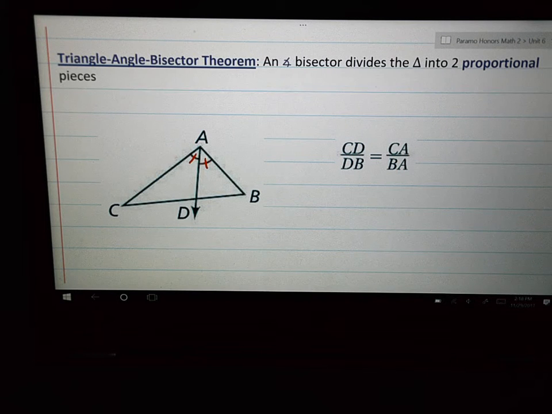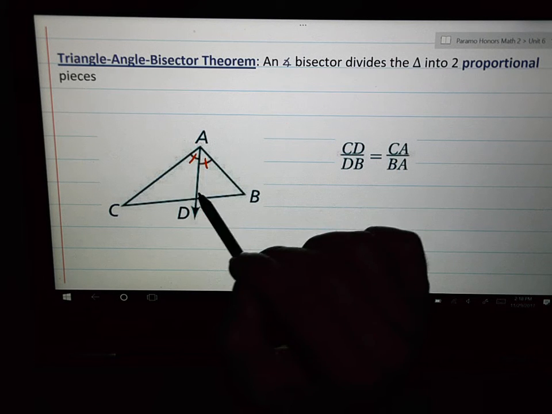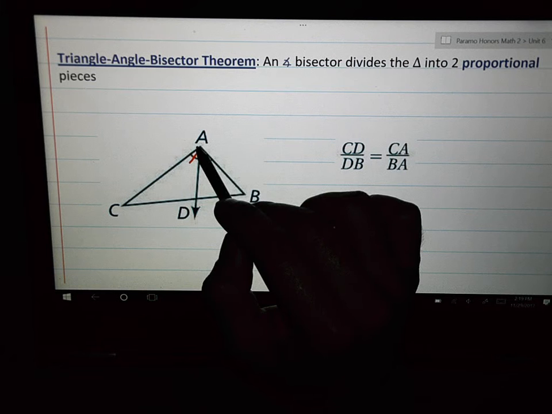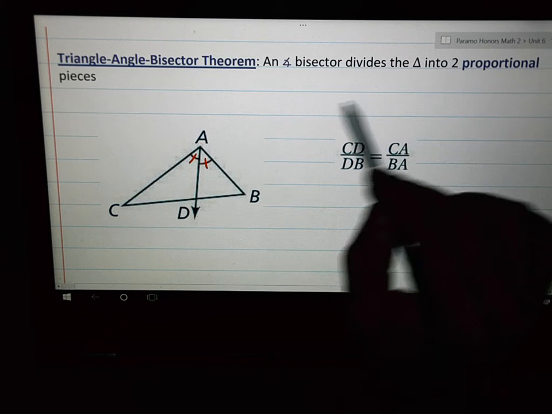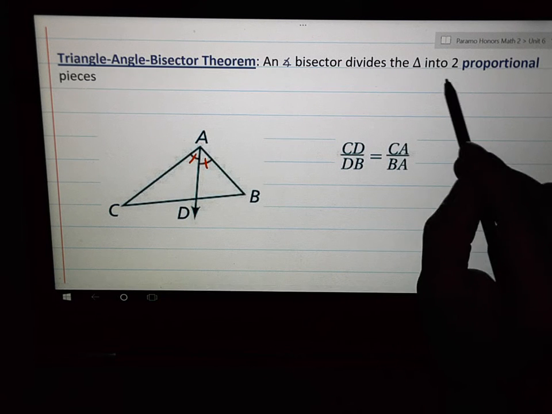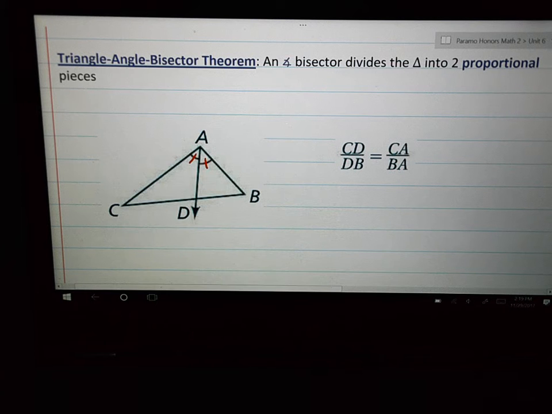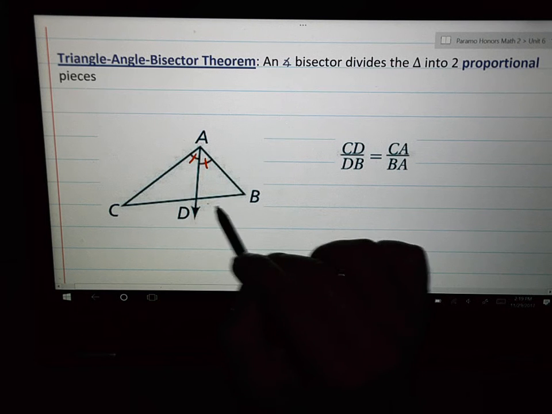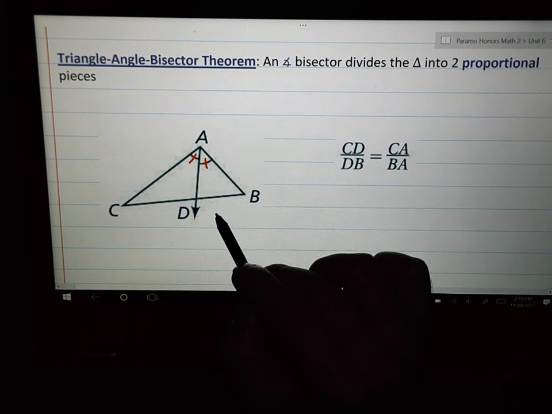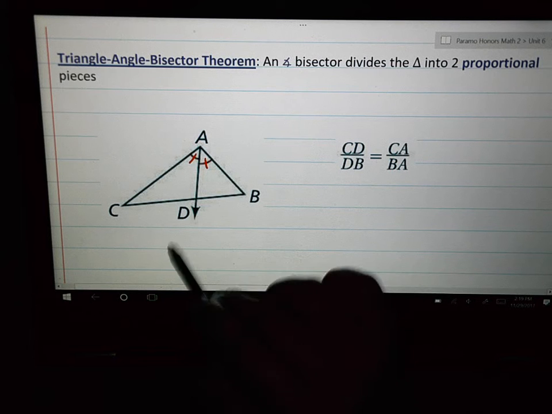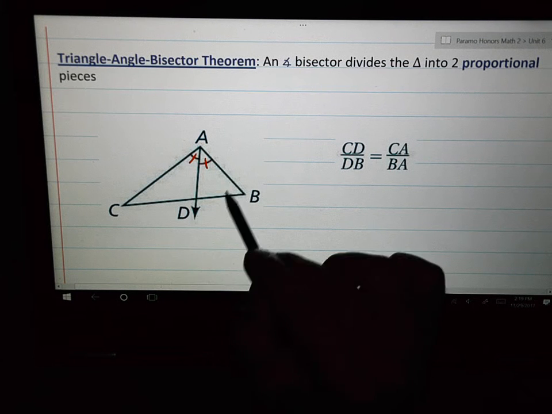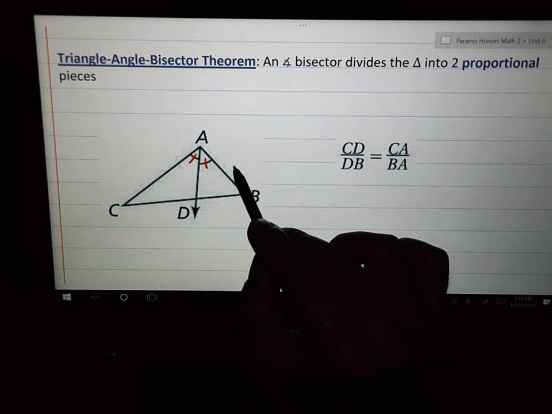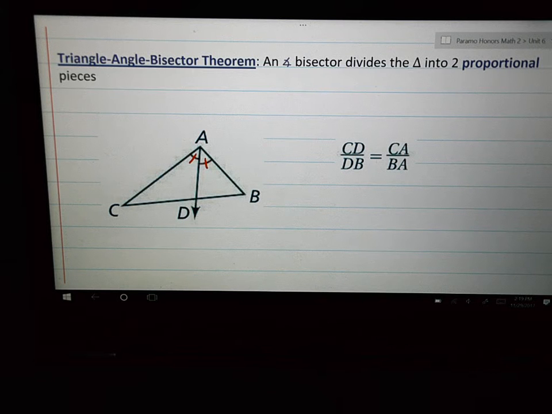Well, what does this theorem say? It says that if you have an angle bisector of a triangle, it divides the triangle into 2 proportional pieces. The way I remember it is the bottom right and the bottom left are going to be similar to each other. And the right side and the left side are going to be similar to each other.